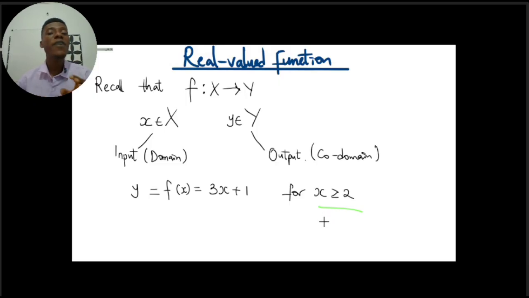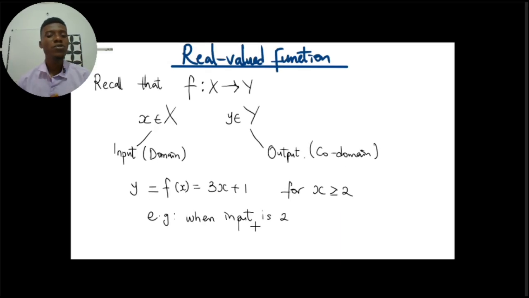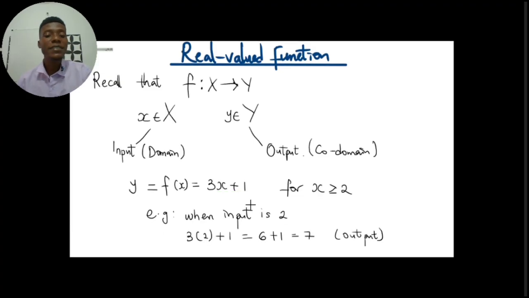Now, for every value of x that you input in this formula, you will definitely get a value. And that value is referred to as an element in Y. For example, when you input 2 into this formula, you get 7. 7 is a member of Y, and 7 is an output.